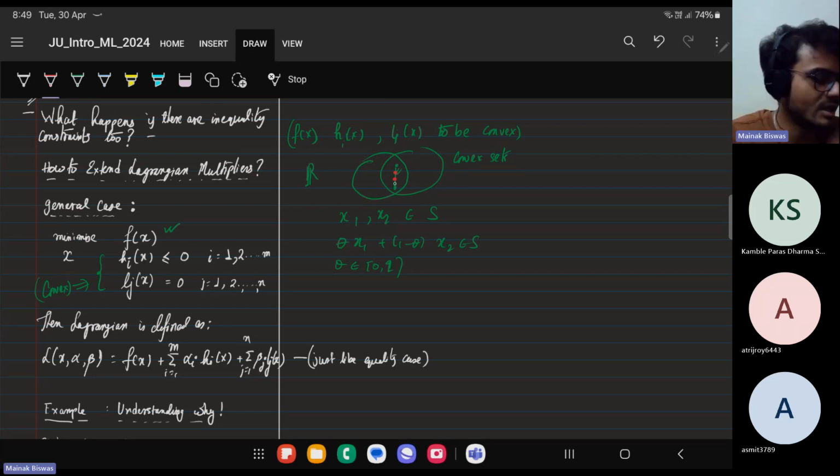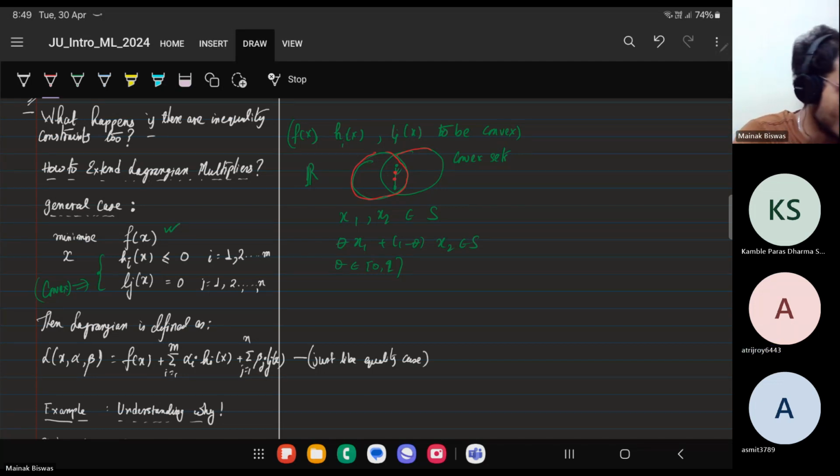So clearly from the figure, what will it be? It will also be a convex set, yes or no? Yes. So the intersection of convex sets will also be convex. You can just put it in these equations and see. Why will it be a convex set?